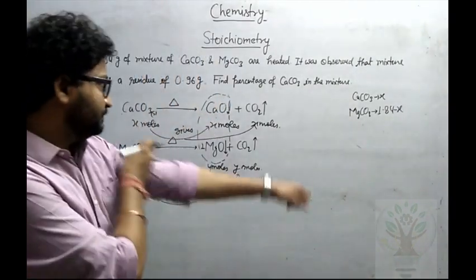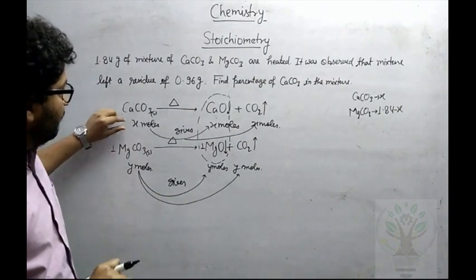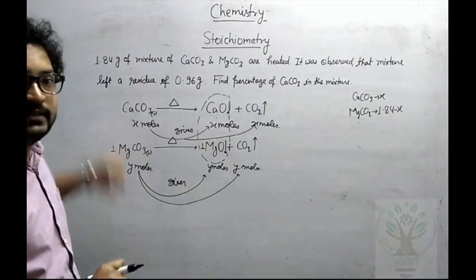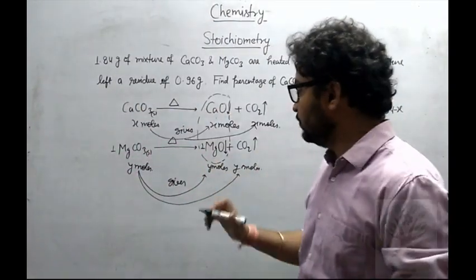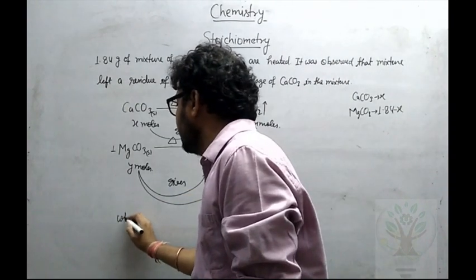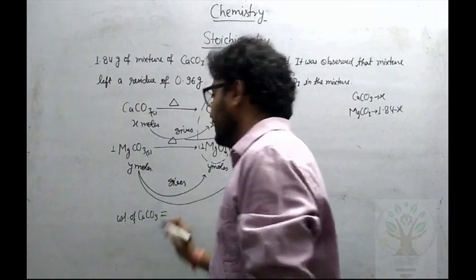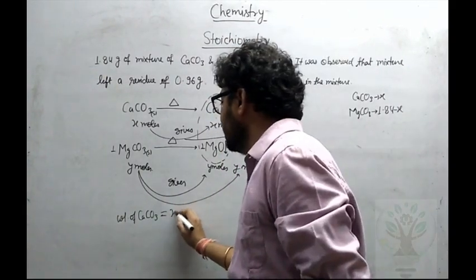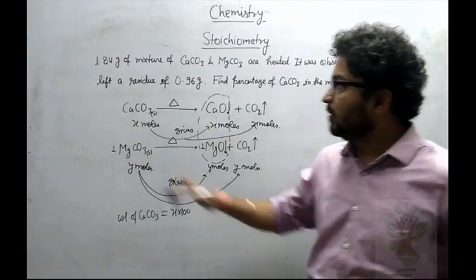Good. Now, if I ask you what is the weight of CaCO3 present in the mixture, what will you say? Let me show you. Weight of CaCO3 will come as moles multiplied by molecular mass. Do you remember this relation?